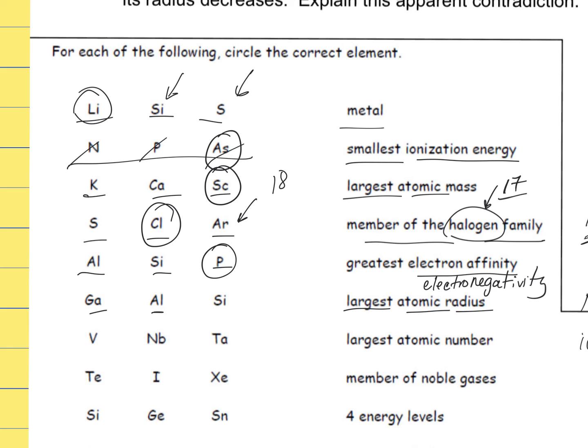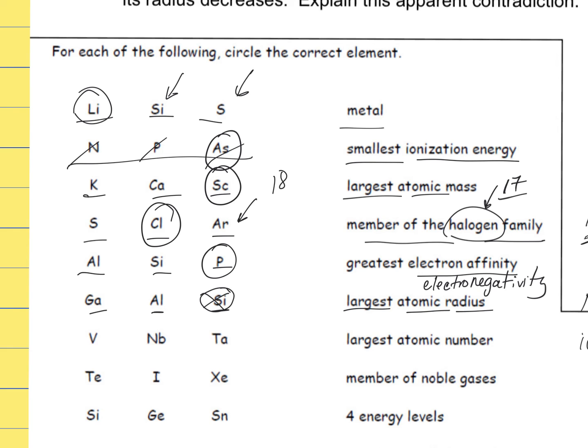Gallium and aluminum, they are in the same group. And then you have silicon, which is in another group. Between these, you're going to eliminate that one because it's in group 14, and as you move from left to right, it's going to decrease.